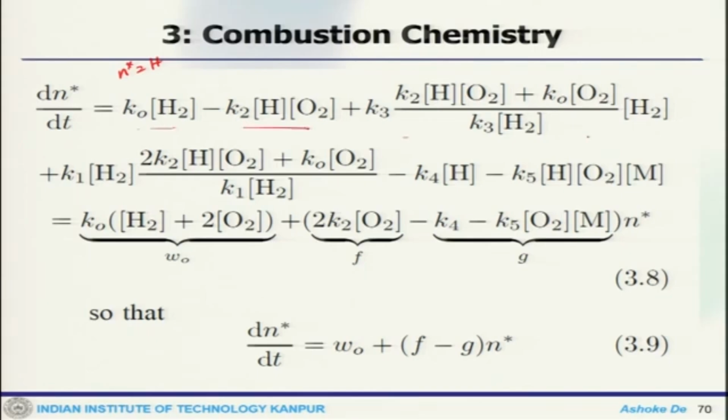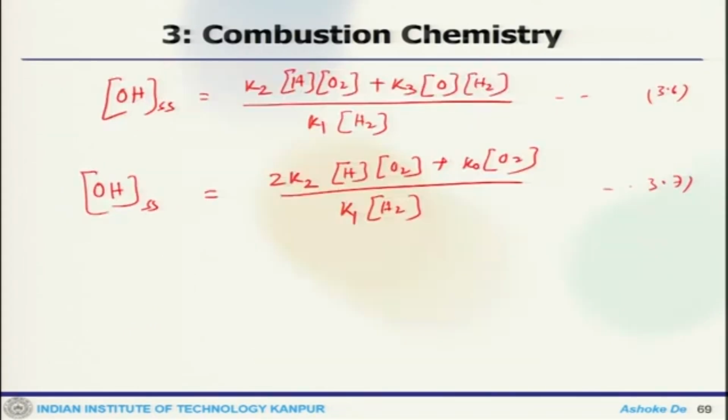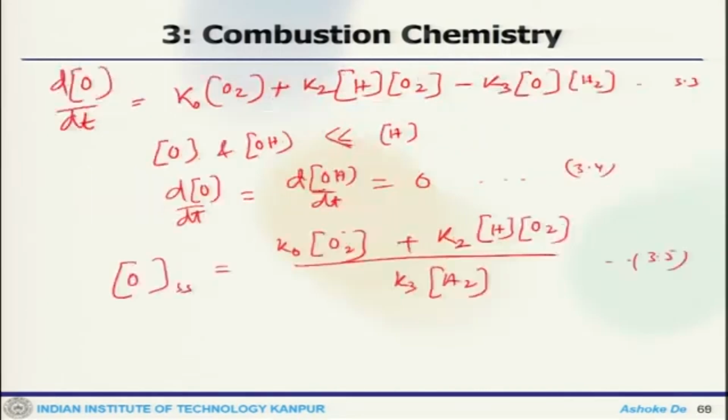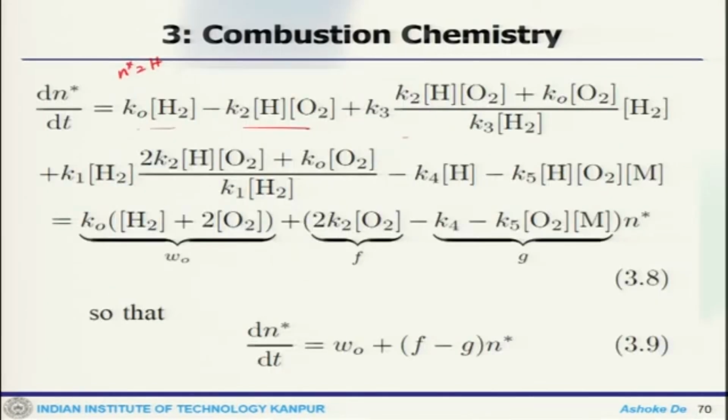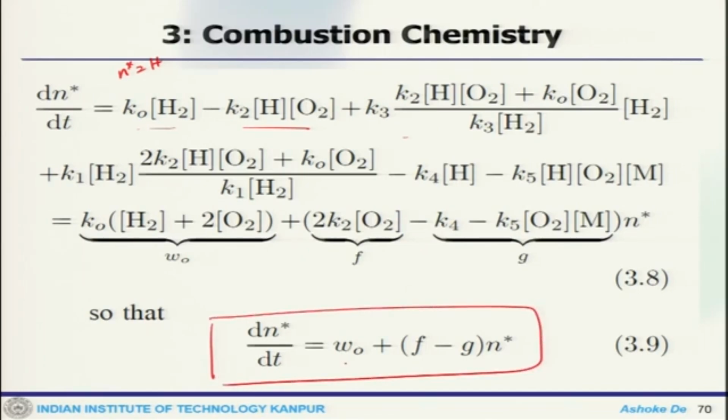All these things are a little bit involved, nothing but algebraic expression. All your OH and O steady state that we got, we put back there, and finally you get, in a simplified form, W naught plus F minus G n star. W naught is nothing but this expression, which will involve hydrogen and oxygen, F is this, G is this.